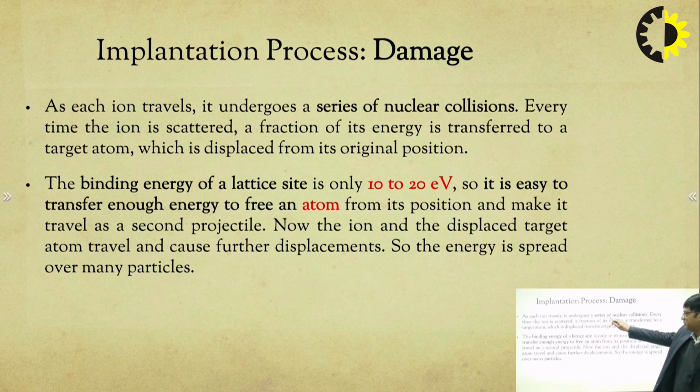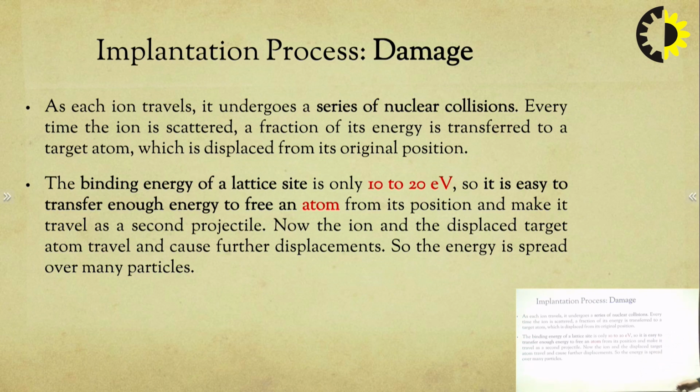This is what we have just discussed, that there is a series of nuclear collisions due to which the damage happens. The binding energy of a lattice site is only 10 to 20 electron volts, so it is very easy to transfer enough energy to free an atom from its position. And this displaced atom can also travel and collide with other silicon atoms.